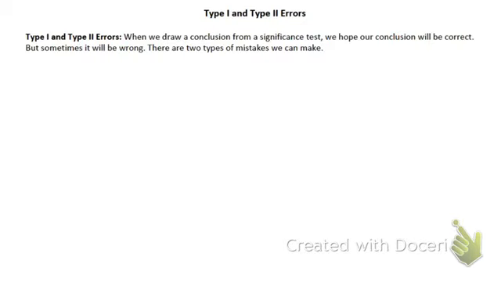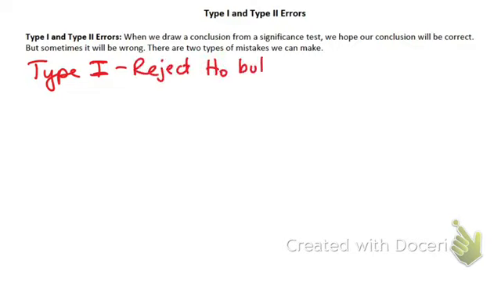So we have two types of errors. We have a type 1 and a type 2. Those are Roman numerals, by the way. Type 1. This is when we reject the null hypothesis, but should not have.